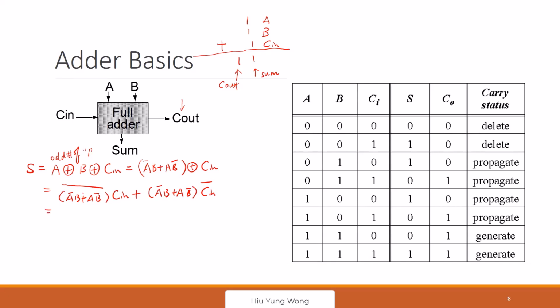I need to use De Morgan's rule, apply this top bar into it, then it becomes, I just do all the way to save time, okay? This way, right? If you don't understand, let me know. C in plus A not B plus A B not C in.